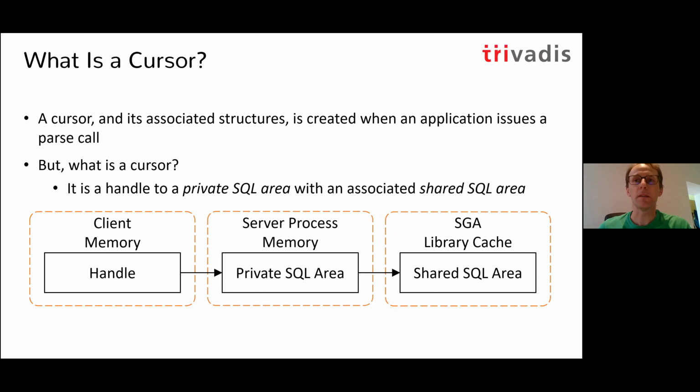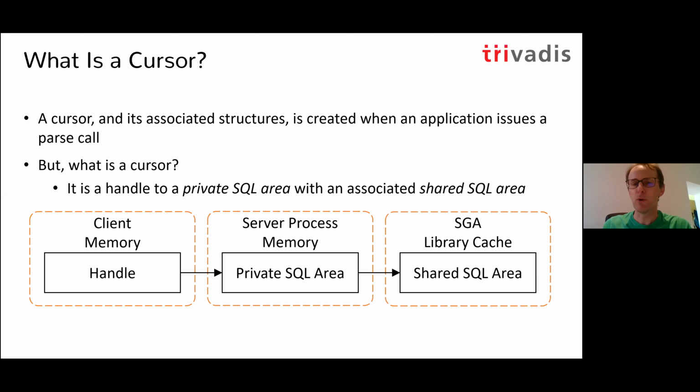And since it's stored in the SGA, it's the part which is shared by potentially many server processes. So as you can see, you have one pointer, the handle on the client, that points to a private piece of memory on the server that also points to a shared memory also on the server. That is basically a cursor.